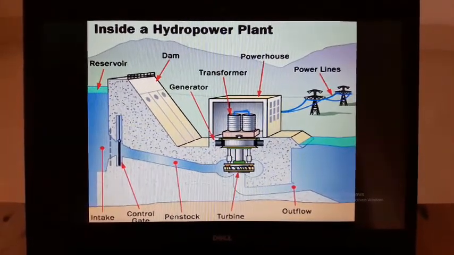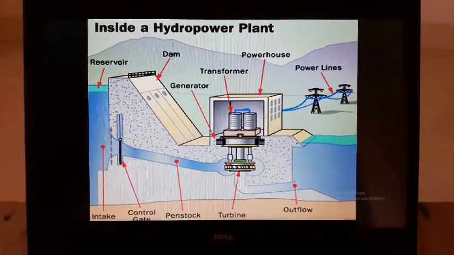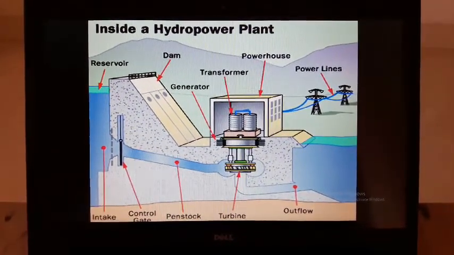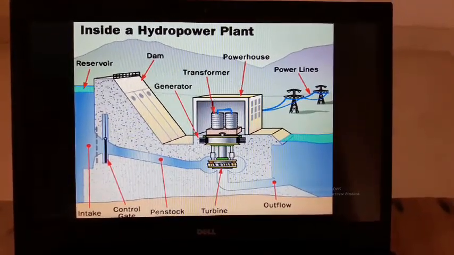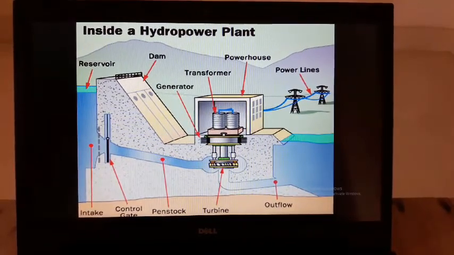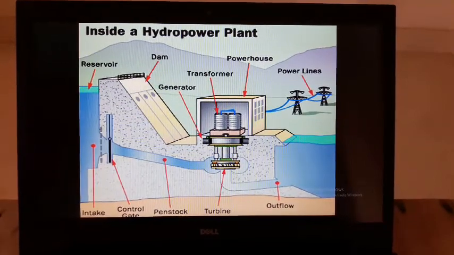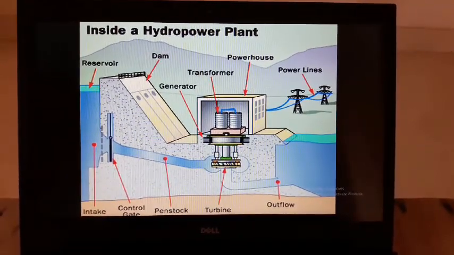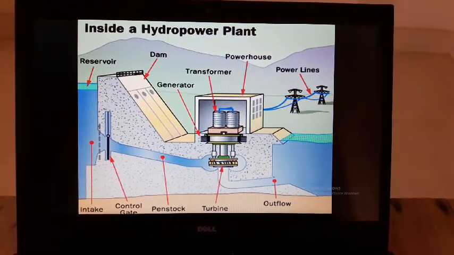Whenever we store the water at a very high head, we store energy, that is potential energy of the water. Then the stored water is brought to the rotor or runner of the turbine with the help of a penstock, which is shown in the diagram.